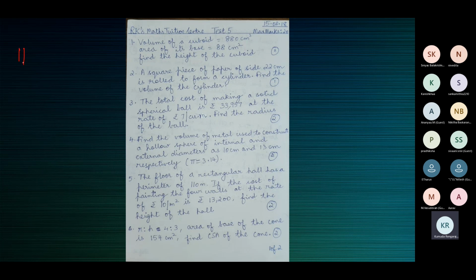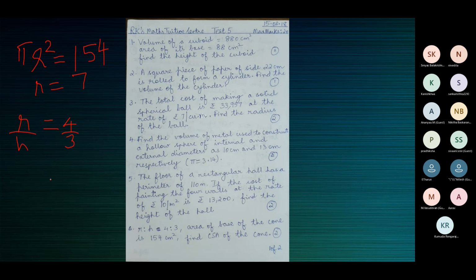Pi r square is equal to 154. Kanishka has found r. R is equal to 7. Okay, she's right. Now r by h is equal to 4/3.